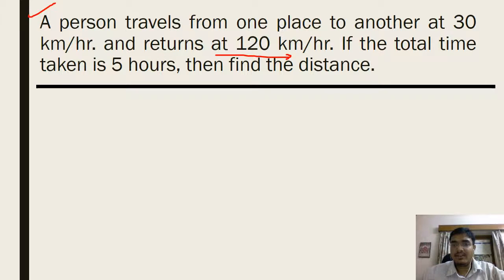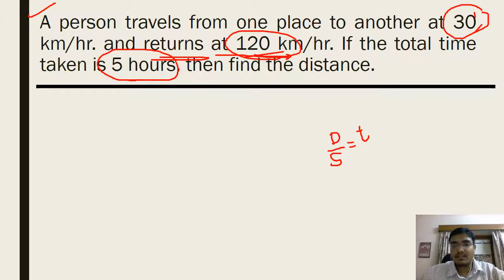So we are given two speeds, one is 30 and one is 120. And we are given the total time as 5 hours. So we know that distance upon speed is what? Time. So our onward and return journey speeds are 30 and 120.